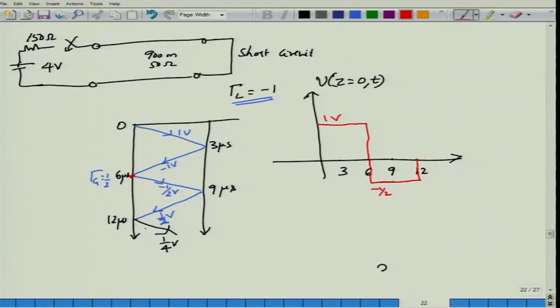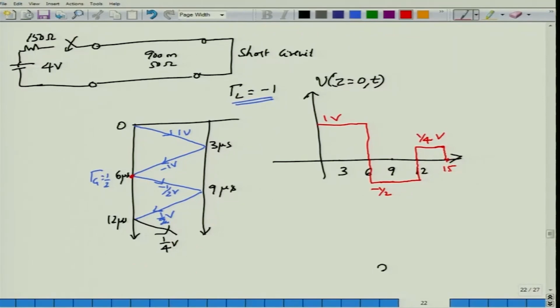However, there is a 1 by 4 volt reflected signal from the generator end which is beginning to propagate, and therefore the voltage here is about 1 by 4 volt. You can clearly see where this is going, because after 12 you will get a minus 1 by 4 reflected off the load side, and then one more reflection from the generator side.